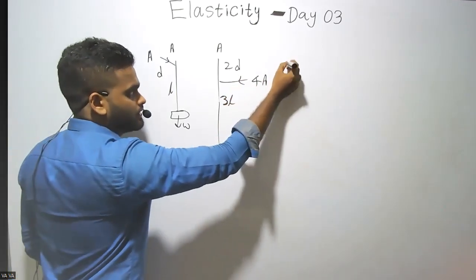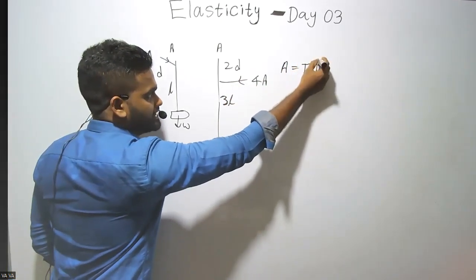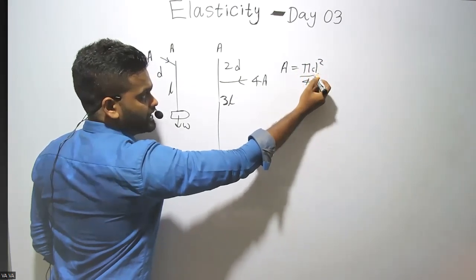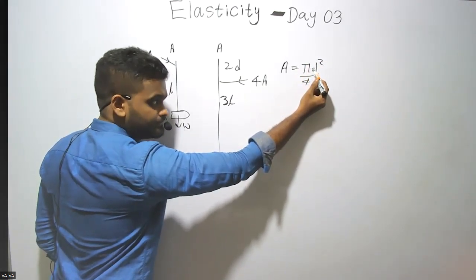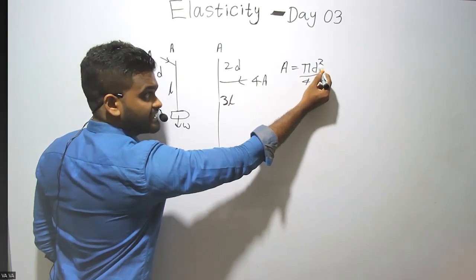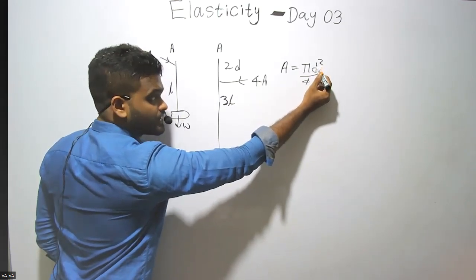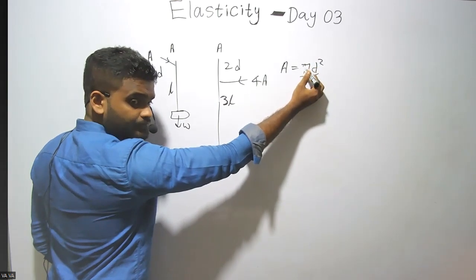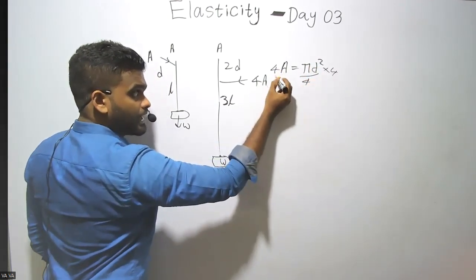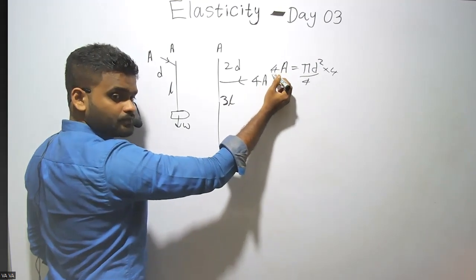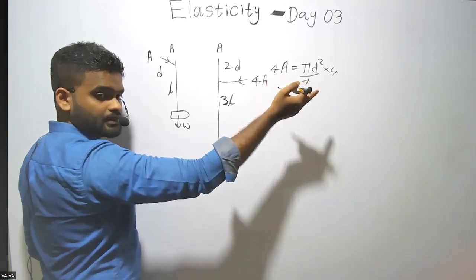Why? Cross section is πD squared over 4. If D gets doubled, that factor gets squared, so it comes out as 4. Cross section should be 4 times the initial value.